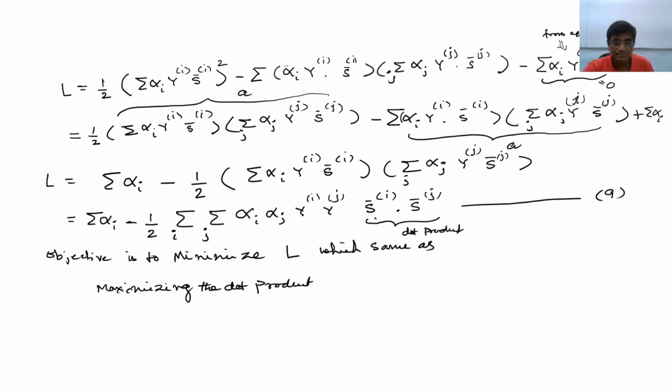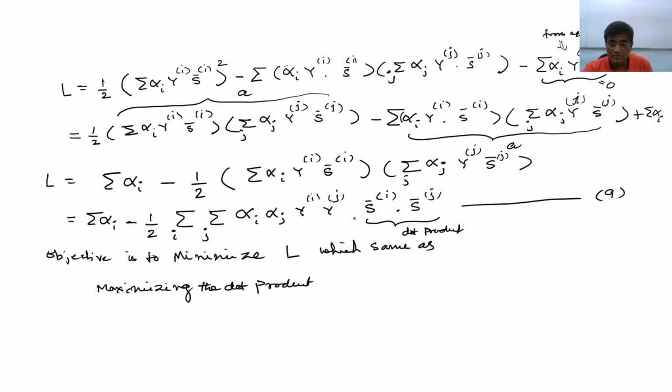These are all constant for the time being, assume they are constant. This is constant, this is constant, they are the Lagrangian multipliers of different class support vectors.